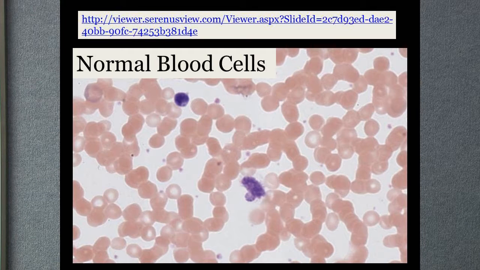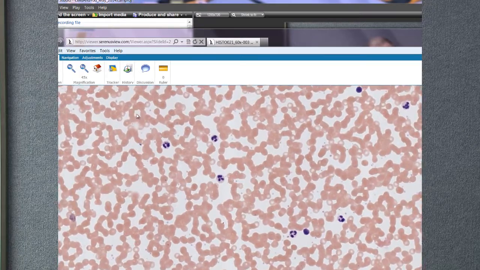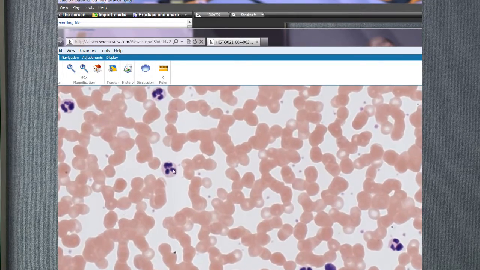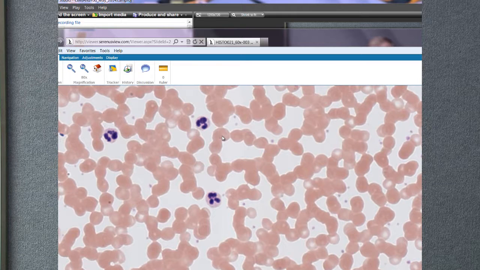So the next one that we can see is animal cells, and these are from blood. This is from blood, and so we can see these blood cells. We can go to a higher magnification, and these are red blood cells. Here, these small things there are platelets, but here is a white blood cell, and you can see the nucleus is dark and the cytoplasm of that.